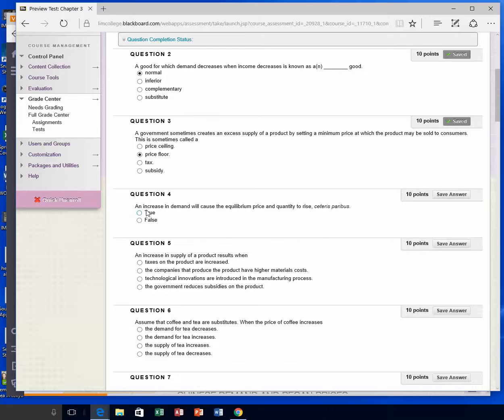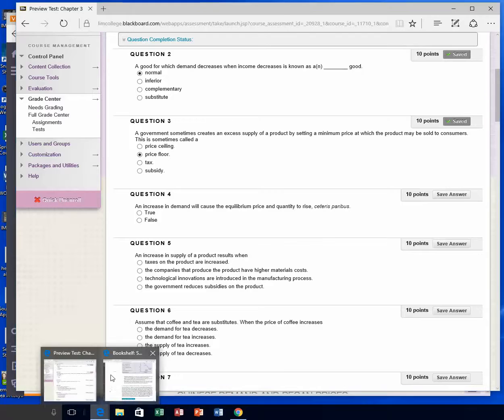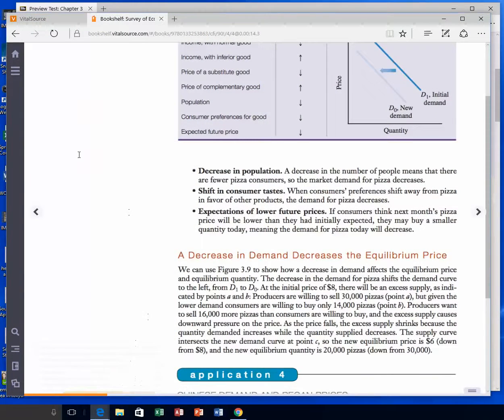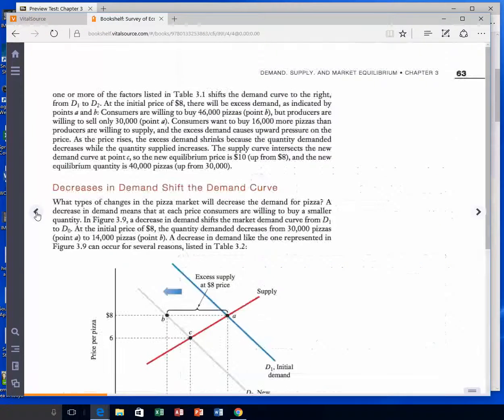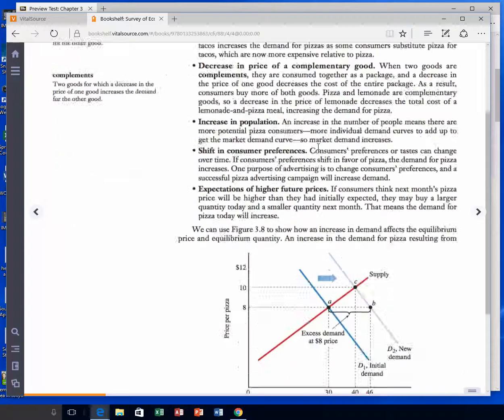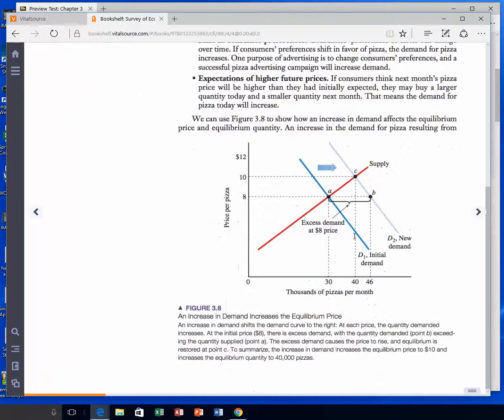So question 4. An increase in demand will cause the equilibrium price and quantity to rise. And yeah, that is true. What page is that on? I think it shows this on page 62. Let's go down. Yeah, so here's where demand 1 goes to demand 2.